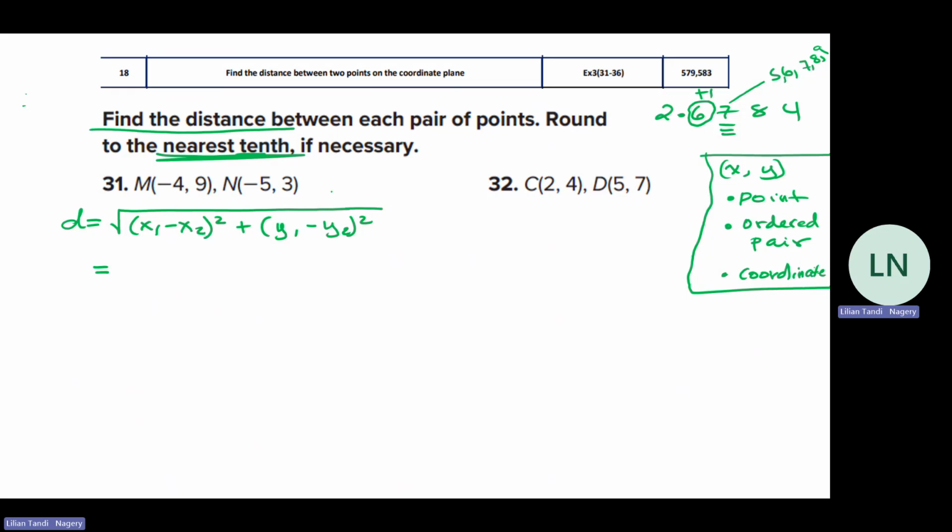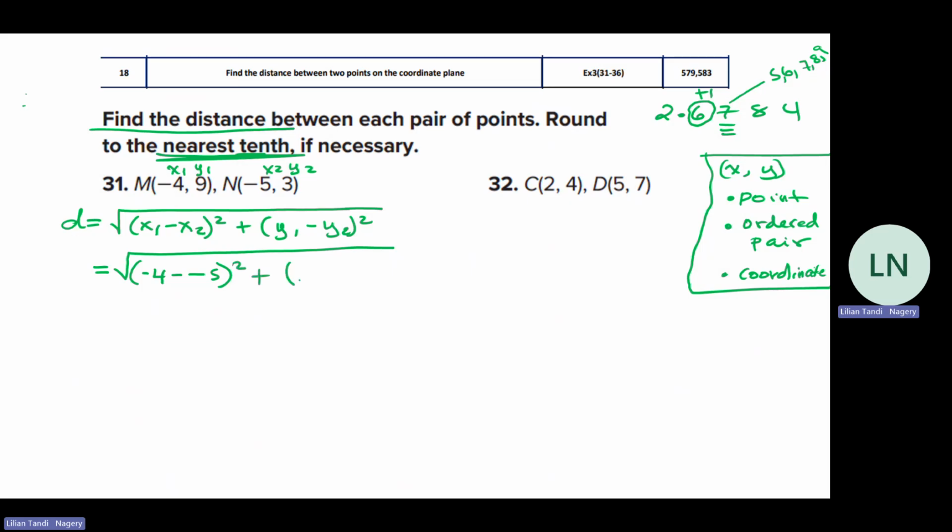All right, now I will label my ordered pair. So this will be x1, y1, x2, y2. Okay? Then I refill my formula. What are my x's? -4 minus -5, squared.